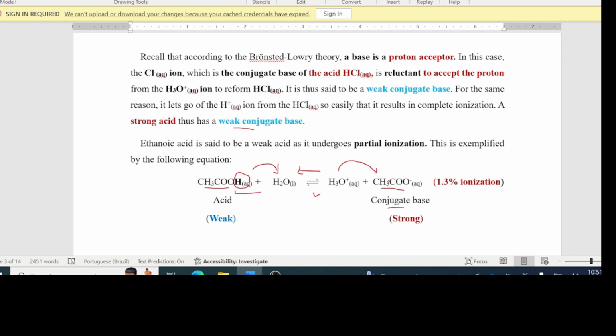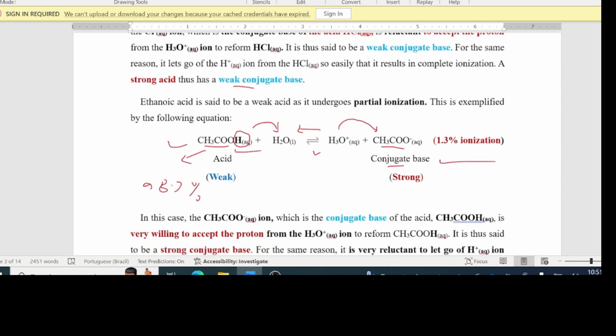That's why it is going to form acetic acid here, where this is 98.7% in solution. So because this is willing to accept that proton, we say it is a strong base. So two points: a strong acid has a weak conjugate base, and a weak acid has a strong conjugate base.